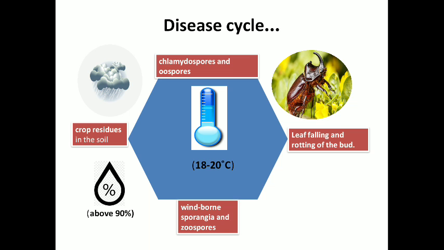The pathogen survives in the soil in the form of crop residues. The spores responsible for primary infection are chlamydospores and oospores, which are dormant resistant structures, and they develop symptoms, that is leaf falling and rotting of the bud, after which secondary infection takes place with the help of windborne sporangia and zoospores.